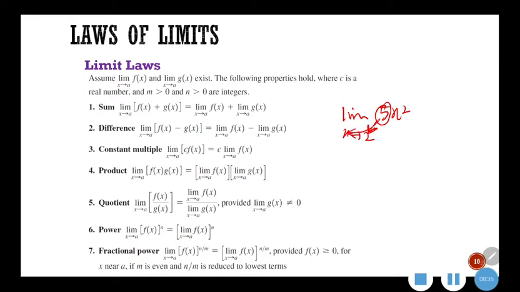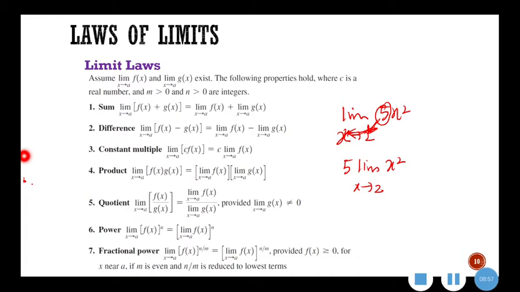So you can put 5 times the limit of x squared as x approaching 2, because 5 is a constant. It does not vary, or it does not depend on x.